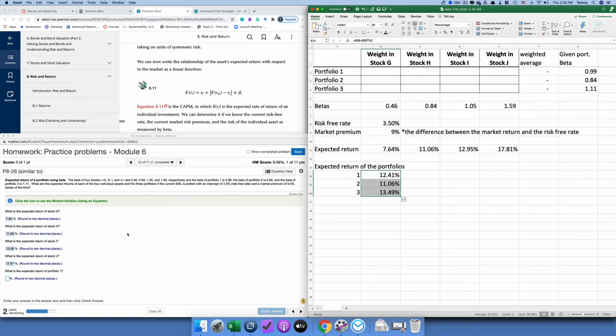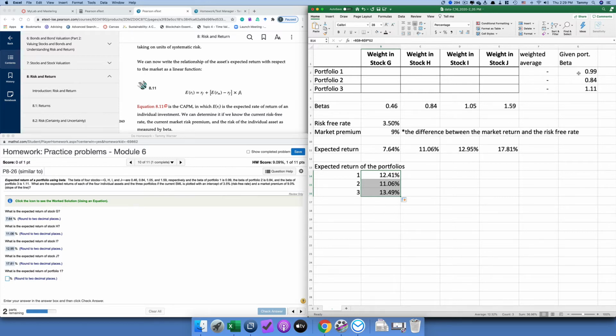Okay, and we can see, actually, if you step back for a minute and think about what this is saying, right? We are being told here that the expected market rate of return is 12.5%. Right, it's 3.5 plus 9. So this is what we're expecting the market return to be.